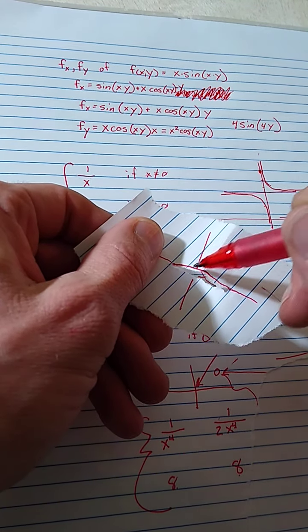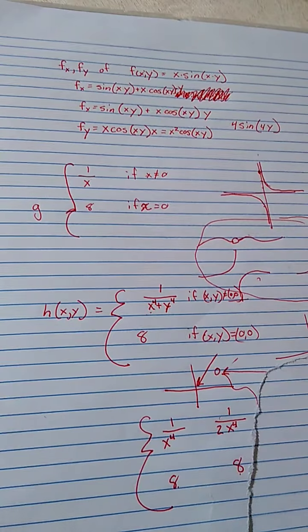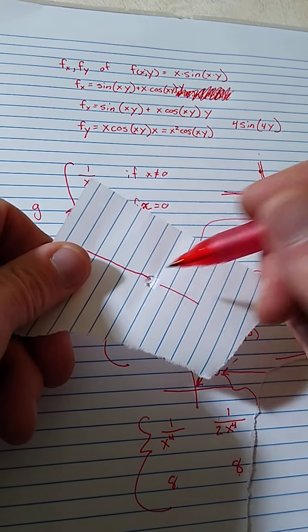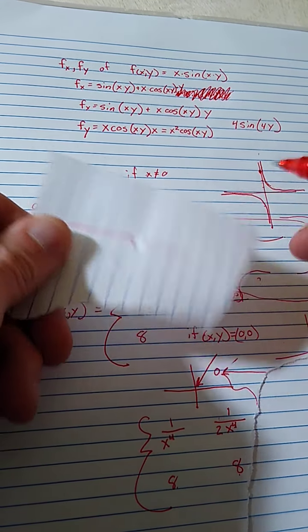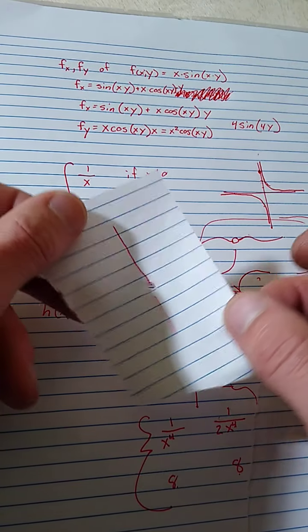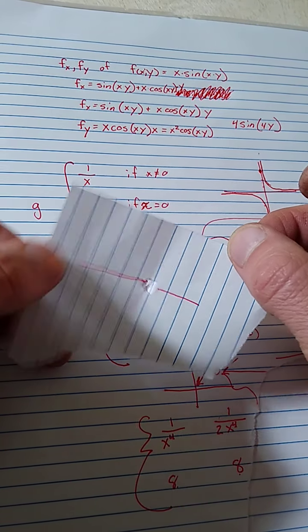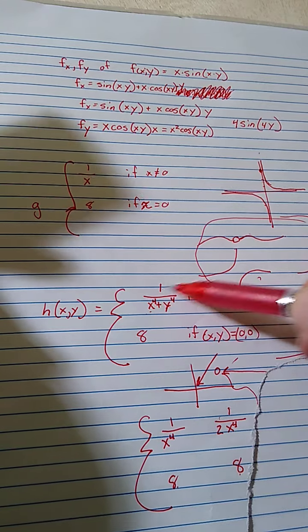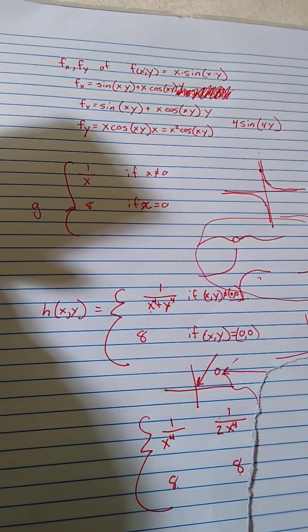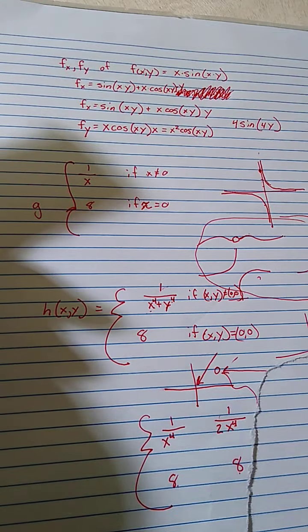Functions can be like this, where there's a hole, and it doesn't depend on which line or path I come in on. Other functions can blow up and go to infinity at a spot, and it wouldn't matter what path I go in on.